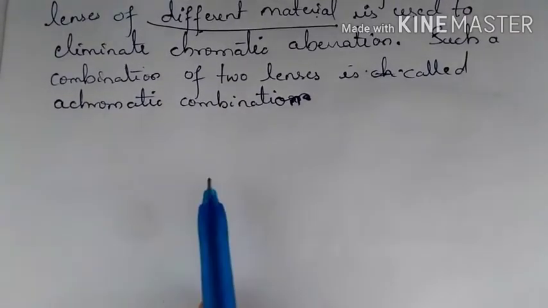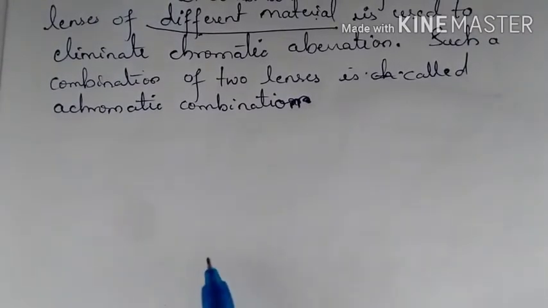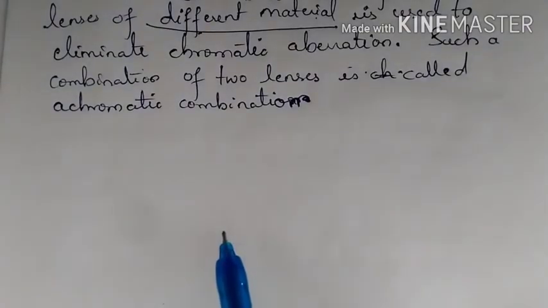In the last diagram you observed that for a convex lens, violet rays come to focus at a point near the lens, and for a concave lens, red rays come to focus near the lens.